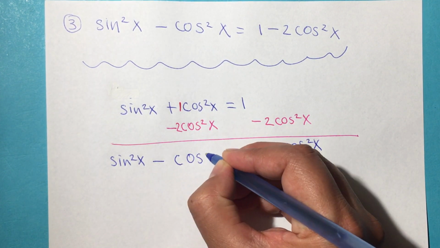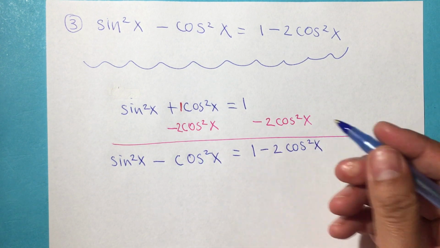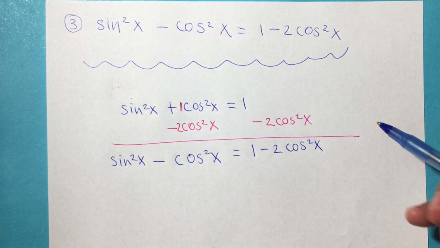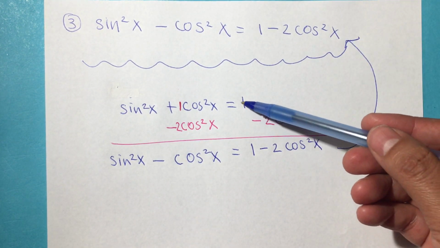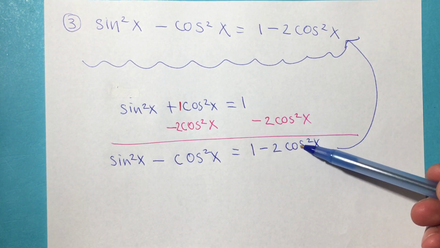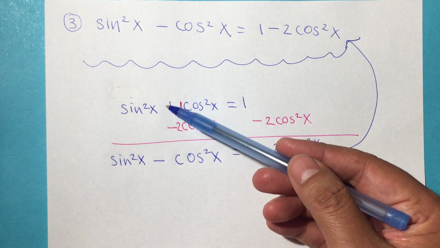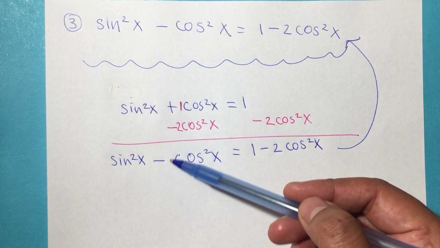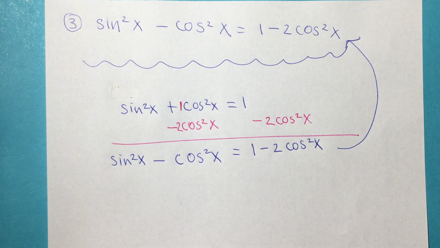So cosine square of x, and there you have it. You have what they ask you to prove. So in here we just brought this down because they're not like terms, but in here we just subtracted the coefficients basically, and 1 minus 2 is negative 1. And just bring that down.